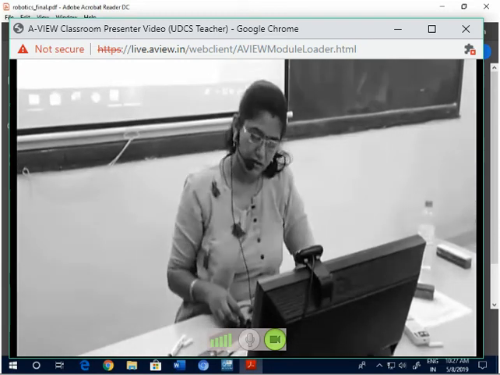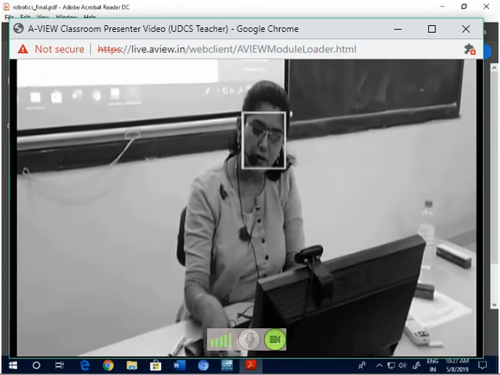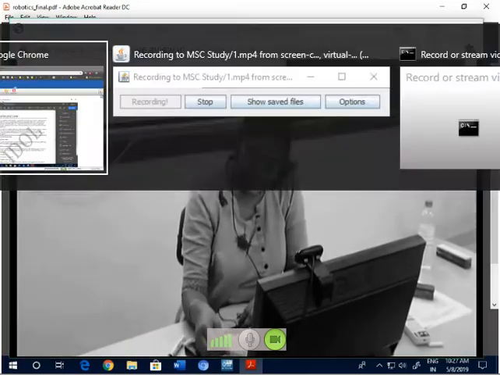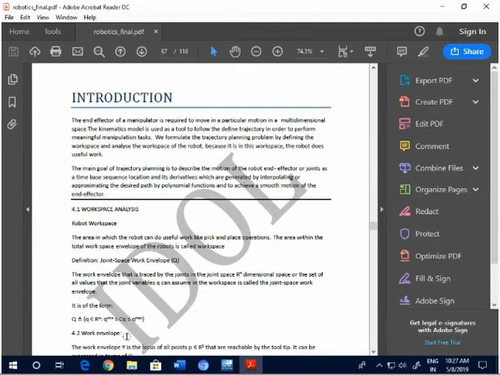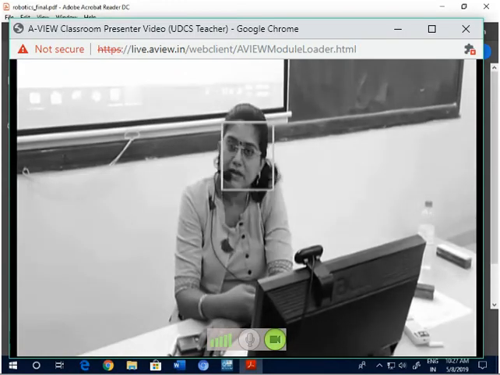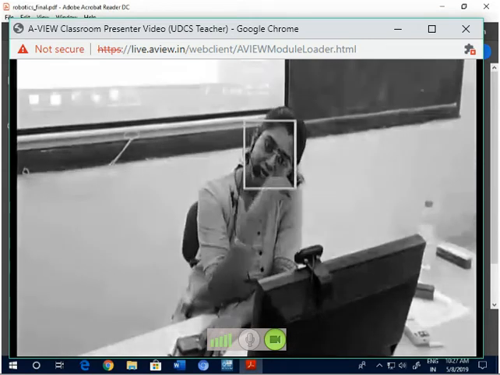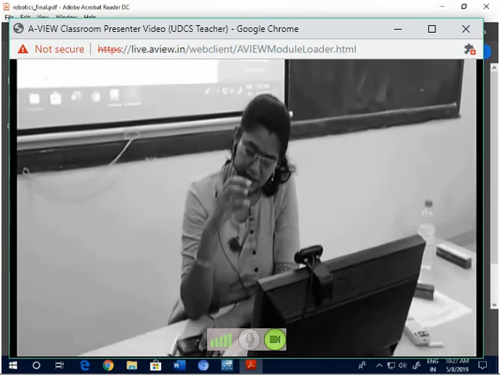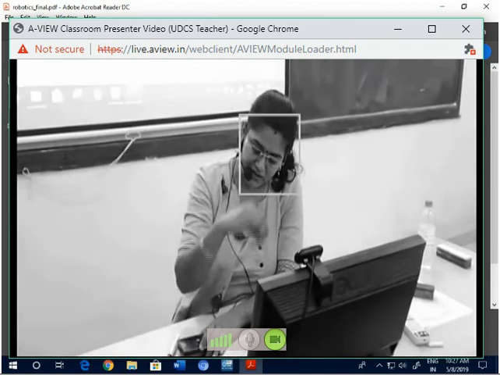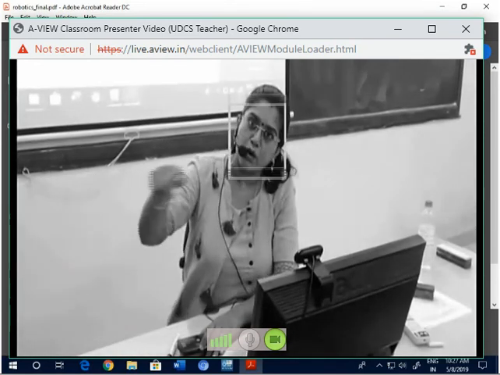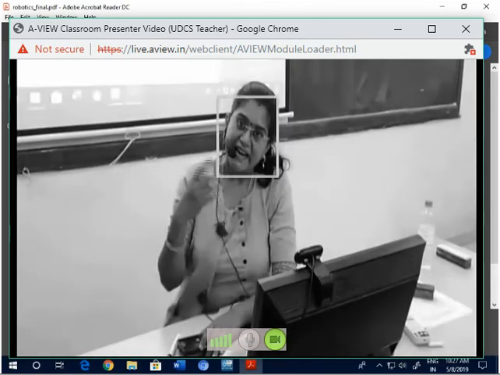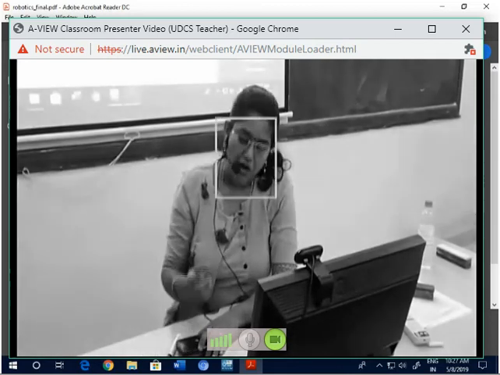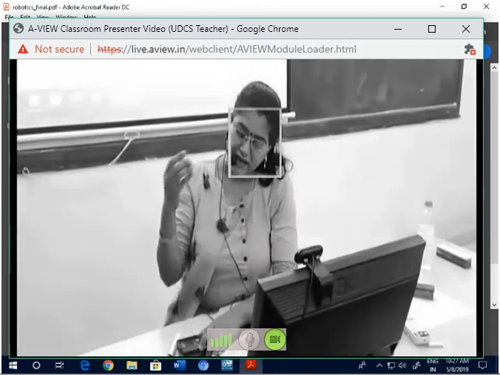Fine. So now coming on to DWE, that is Dexter's work envelope. Dexter's work envelope is denoted by a symbol YD, and it is the locus of the reachable points from an arbitrary tool orientation, such that this origin is reachable from all the orientations, or the work envelope for any arbitrary tool position or orientation that is reachable from all the directions.